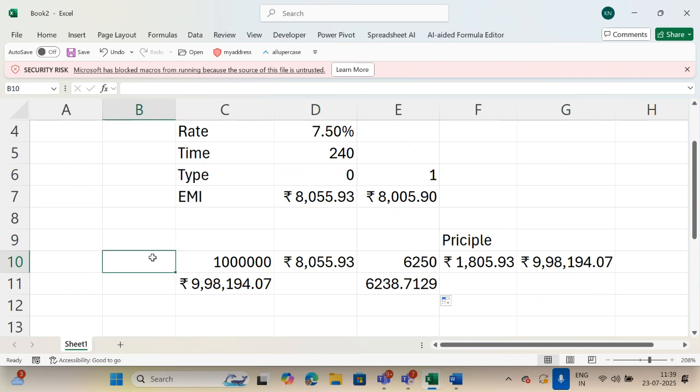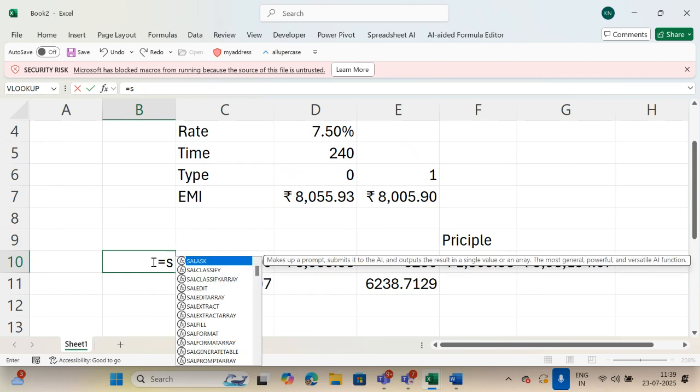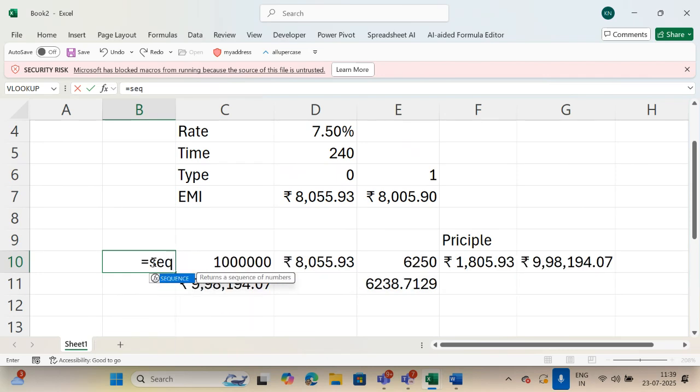Suppose you have 240 installments, starting from 1. There is a function called sequence, which is also a 365 function. If you are not finding it, then you should use drag and drop. How many rows do you want? 240 rows.